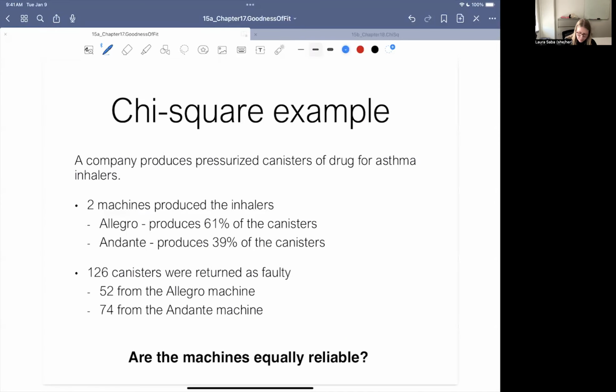So the example that we're going to have is that a company produced pressurized canisters of drugs for asthma inhalers. They have 2 machines, the Allegro and then Dante. And we know that the Allegro produced 61% of the canisters, and Dante produced 39% of the canisters. So we know these numbers for the entire population.